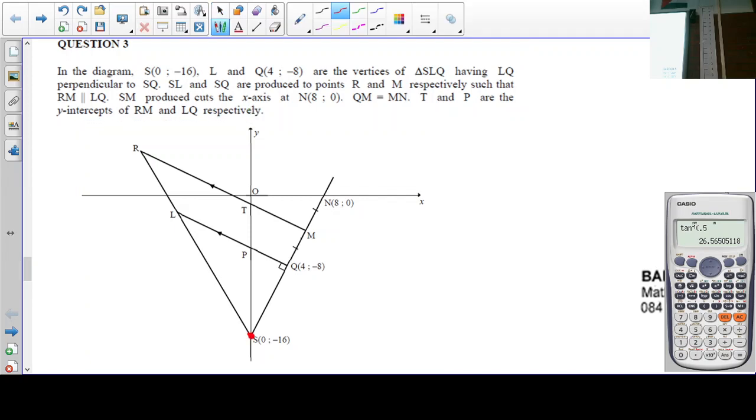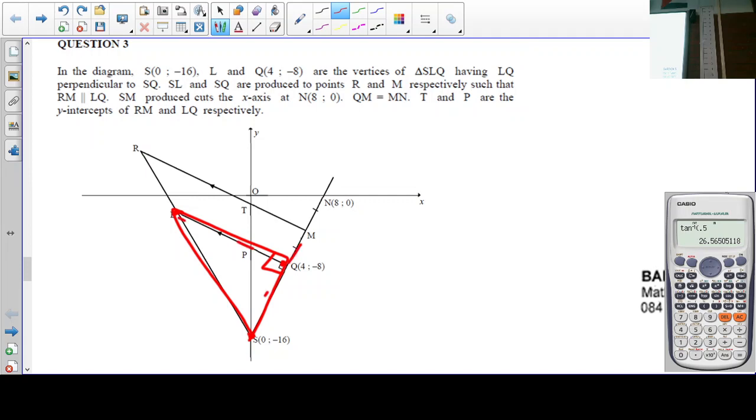L, which is there, and Q, which is 4 and negative 8, are vertices of triangle SLQ. Okay? Having LQ perpendicular to SQ. LQ is perpendicular to SQ.